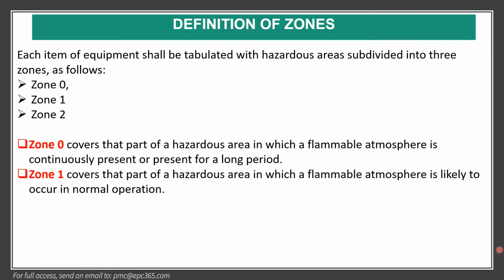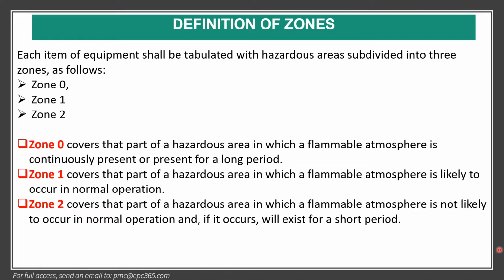Zone 1 covers that part of hazardous area in which a flammable atmosphere is likely to occur in normal operation. And Zone 2 covers that part of hazardous area in which a flammable atmosphere is not likely to occur in normal operation, and if it occurs, will exist for a short period.